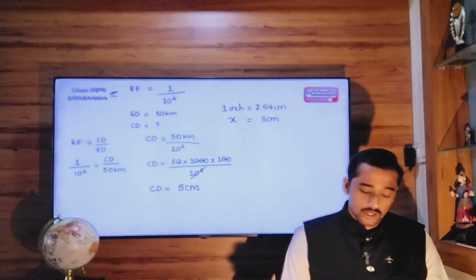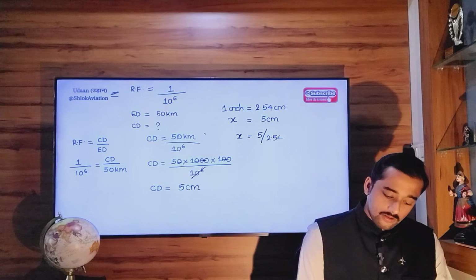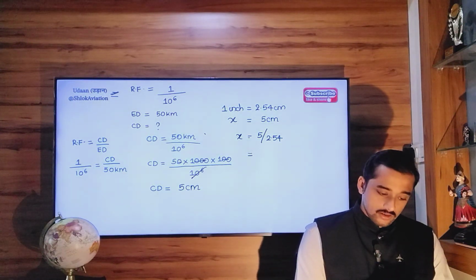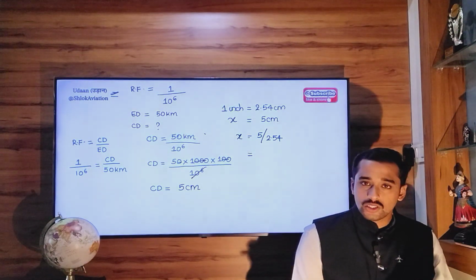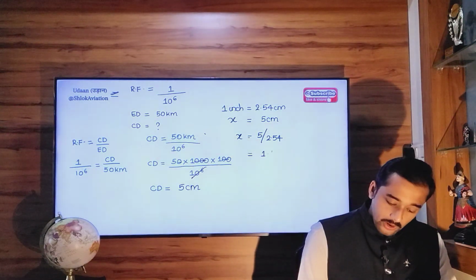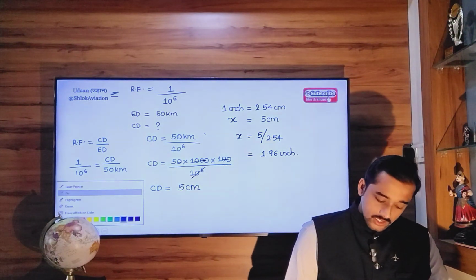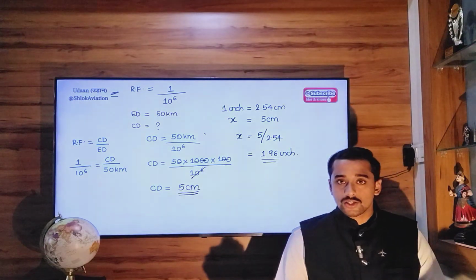So it will be equal to 5 divided by 2.54. So 5 divided by 2.54 is 1.96, approximately 2. So 1.96 inches. So these two are your final answers, 5 centimeter and 1.96 inch.